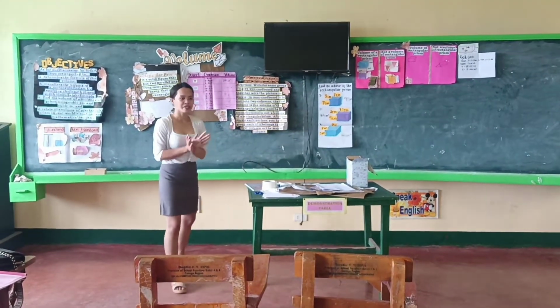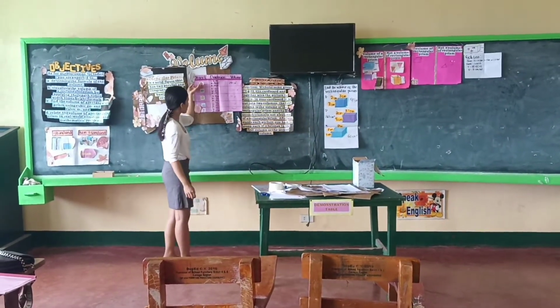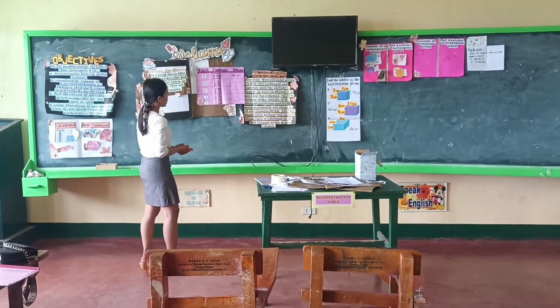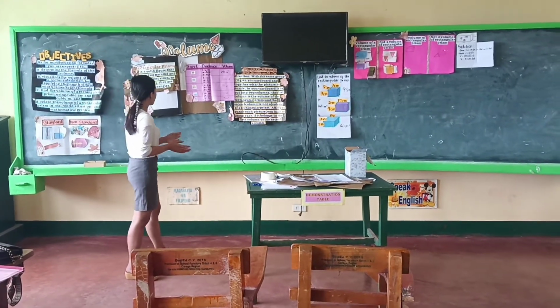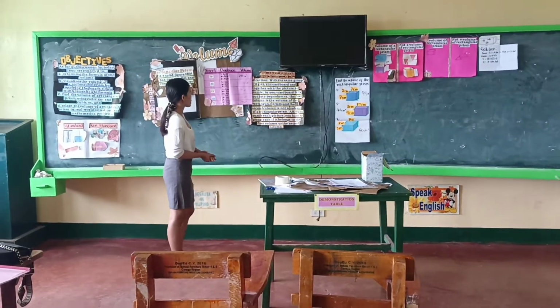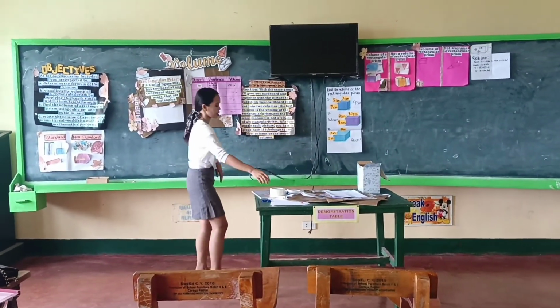And time is up. So your answer is, for the box, you have 214 cubic centimeter. Yes, very good. For the aquarium, 2560 cubic inch.